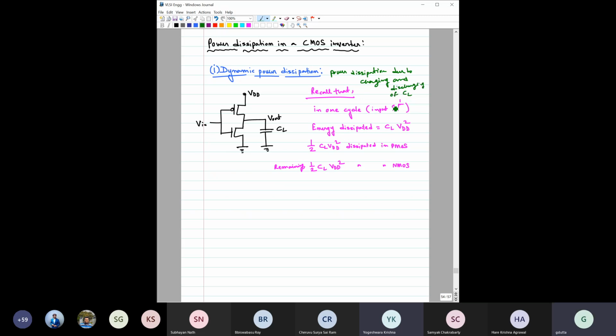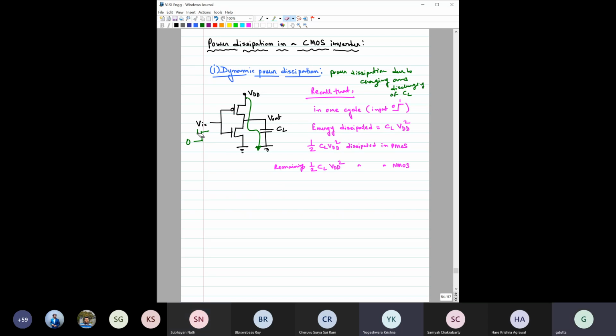Now, you know that during charging, that means when the output voltage is rising from 0 to 1, what will happen to the input? The input will go from 1 to 0.